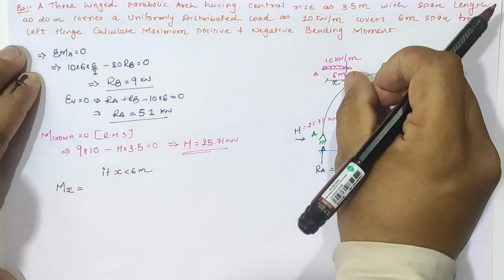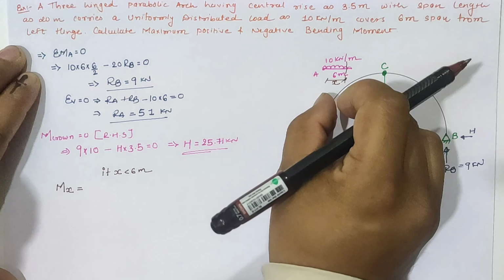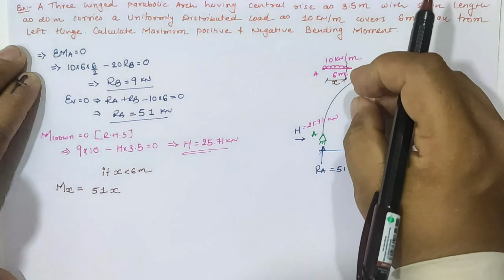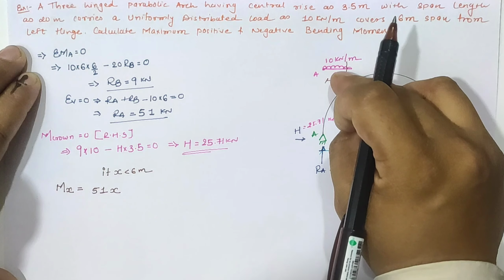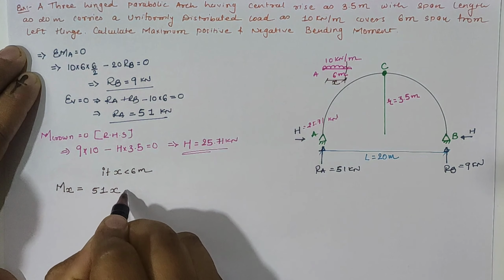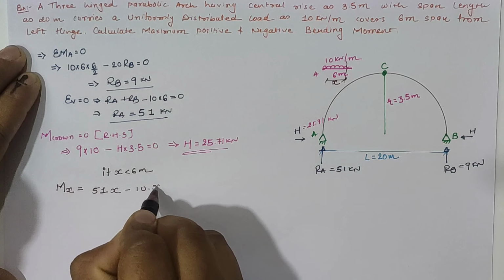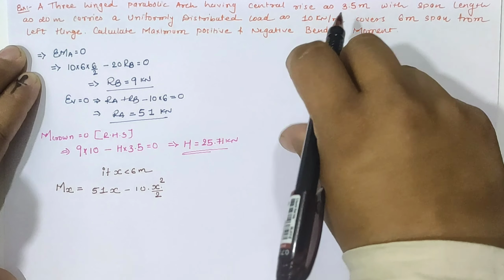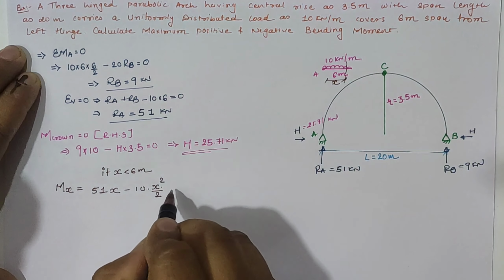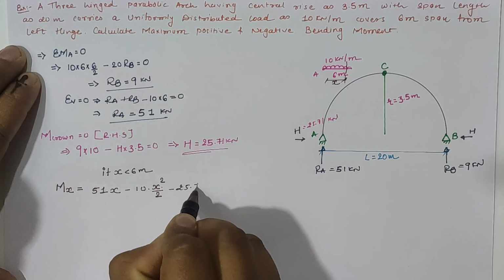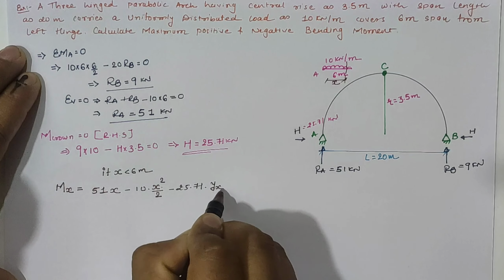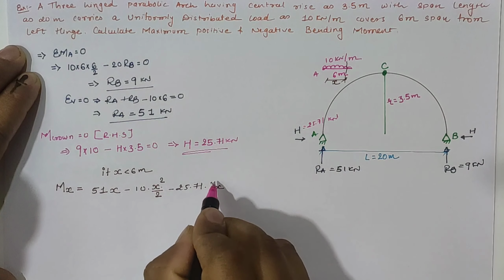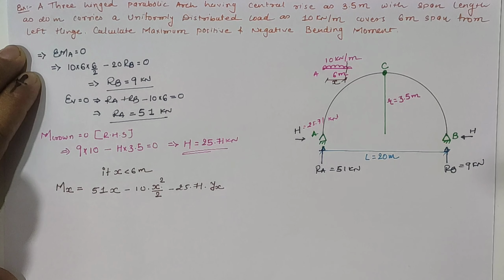Moment at x is equal to RA into x clockwise, so 51 into x in the clockwise direction, and 10 into x by 2 in the anti-clockwise direction. So minus 10 into x by 2 as 10x square by 2, and minus H into yx as the vertical height. So minus 25.71 into yx.